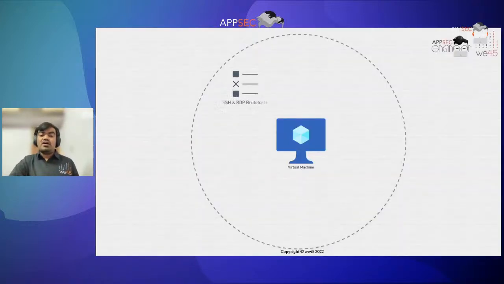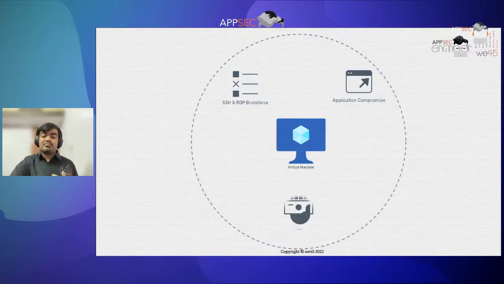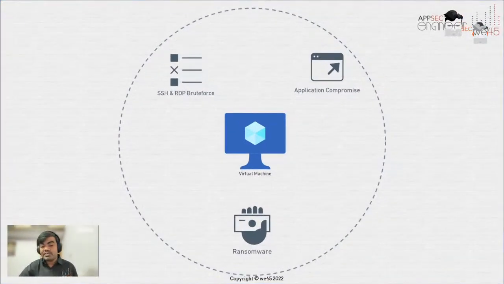So here, apart from SSH and RDP brute force and apart from application compromise, there is something called a ransomware attack as well. Suppose an attacker gets access to a virtual machine and is able to successfully inject malware, then they will be able to take complete control of your virtual machine and encrypt all of the files within it, and they start demanding a ransom for decrypting those files.